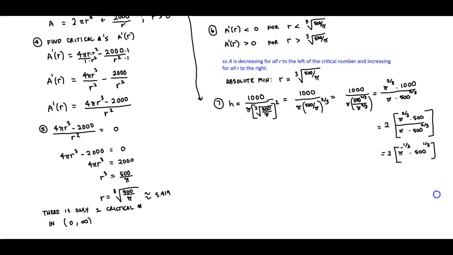Okay, and if we want to write that pi to the negative 1/3, we can leave it in the denominator, which is 500 to the power of 1/3 over pi to the power of 1/3. That's the same thing as 2 times 500 over pi to the 1/3 power.